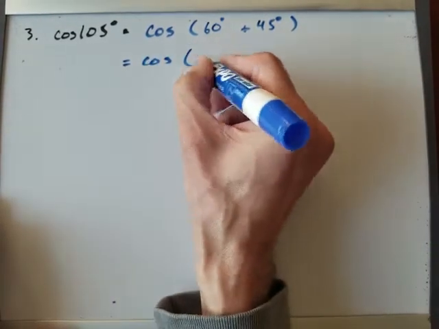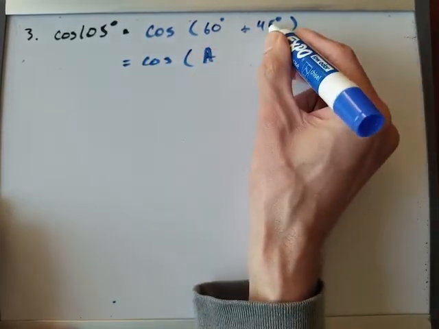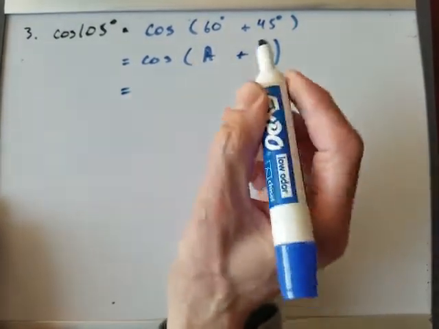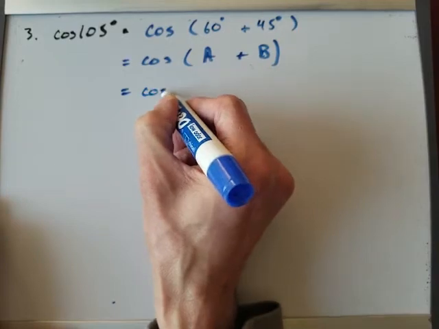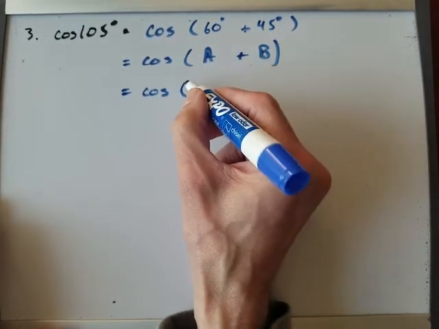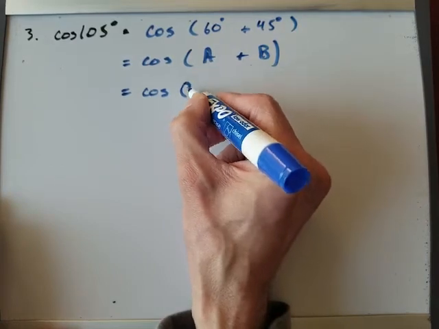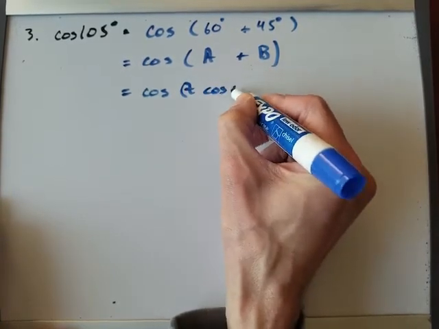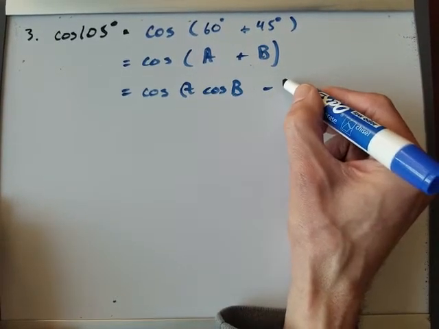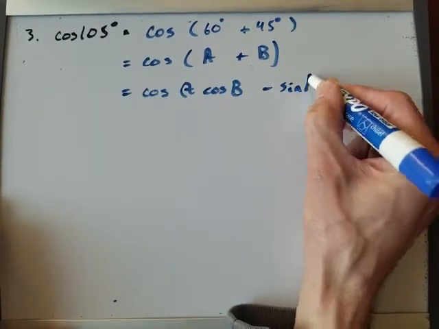We have to find an identity where it goes two different angles, again, the textbook calls them A and B, that are added together. Well, this comes from the cosine of 60 plus 45. Well, this is coming from the cosine of angle A times the cosine of angle B, and then there's a minus. Don't ever make up any little memorized rules at this moment.